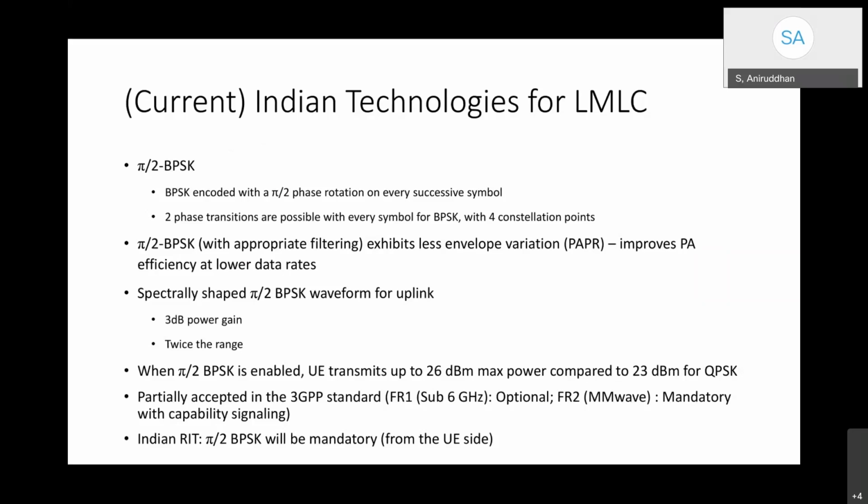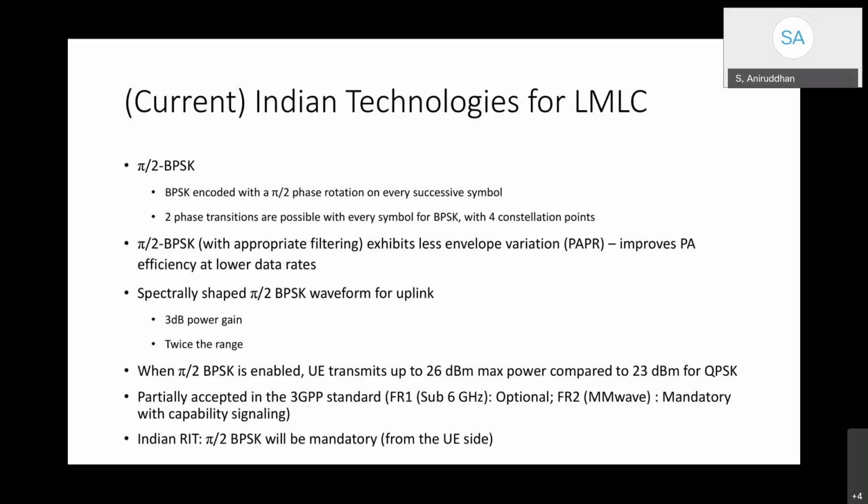So you also need to design a specific kind of modulation to cover those types of users. Specifically, LMLC modulation has a 90-degree rotation.